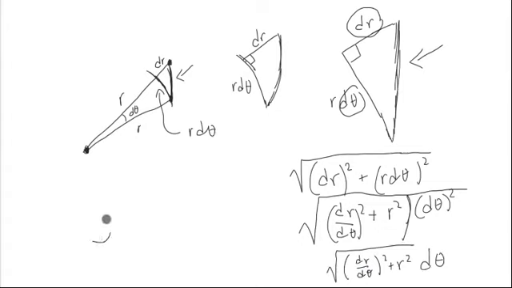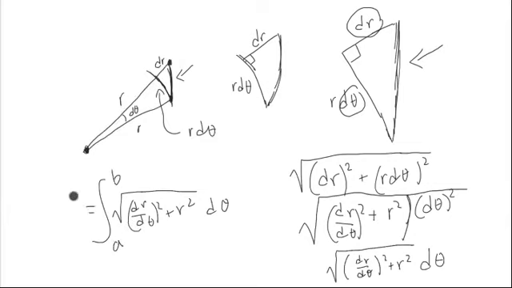Now, if we integrate that, the square root of (dr over d theta) squared plus r squared d theta, as our theta value goes from something to something else, this will yield the arc length of a polar curve.